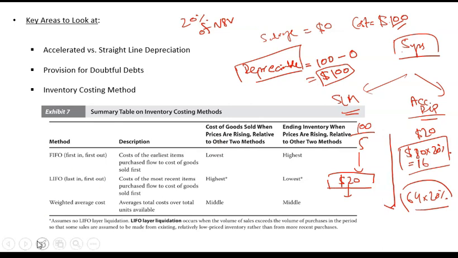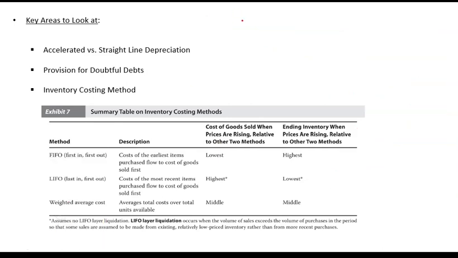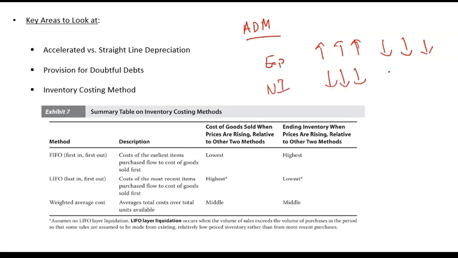So in the accelerated depreciation method, your expense in initial years is higher and in later years is lower. And if expense is higher, then net income obviously will be lower. So net income is lower in initial years and higher in later years, for years 1, 2, 3, 4, 5, 6.